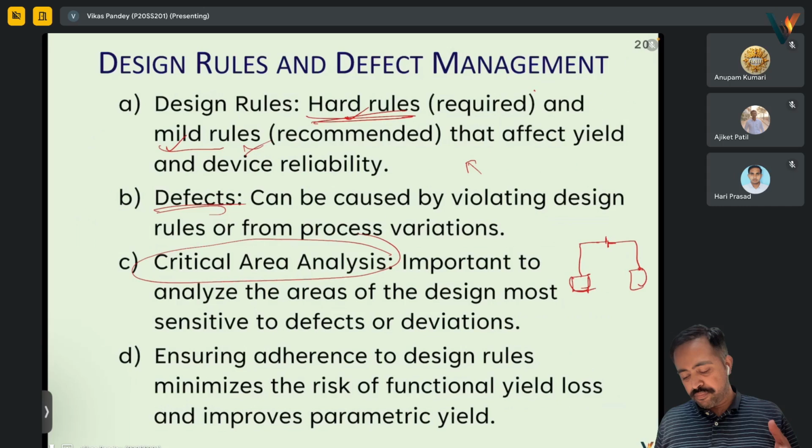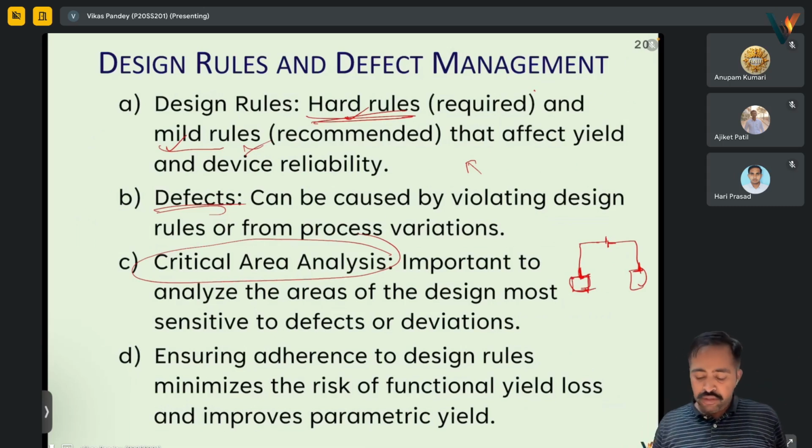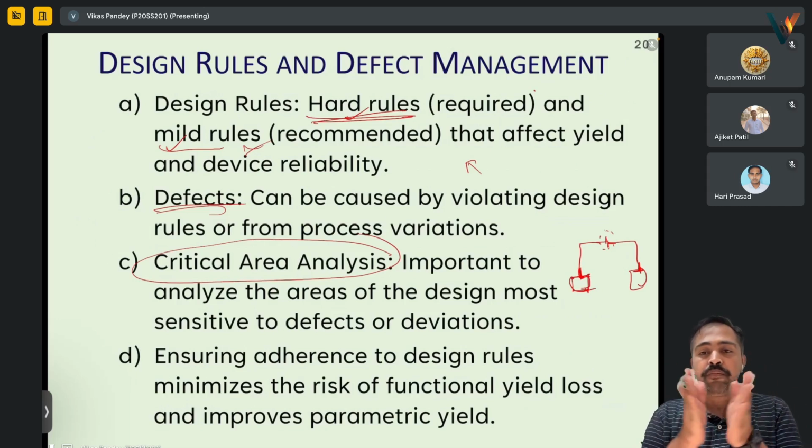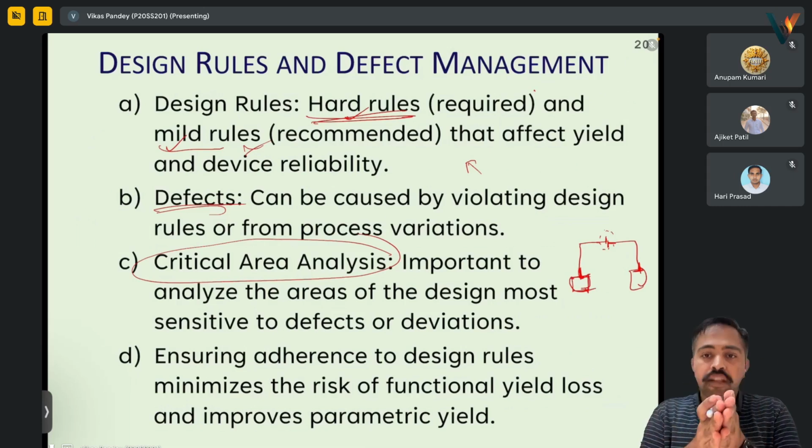Analysis may not be important in other areas, and here it is very thin and directly connecting. So when the process has been done, the area that will be of concern will be this. We'll check this area. We'll check whether it is merged, or is it too far apart, or is it at the correct position.